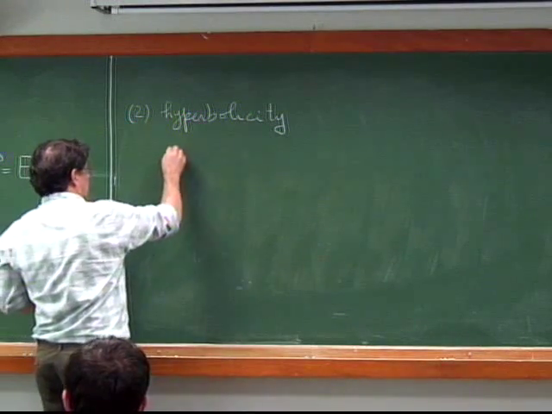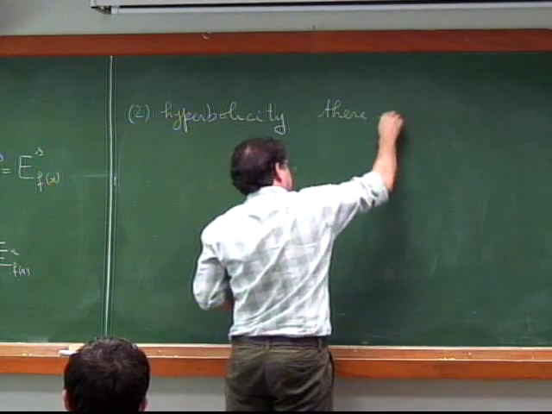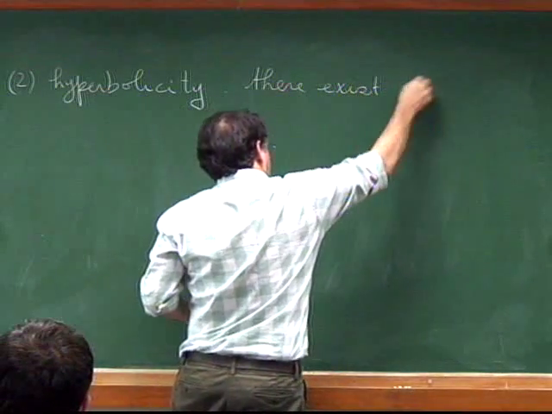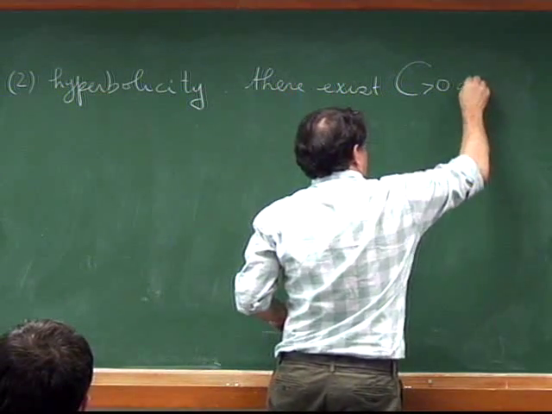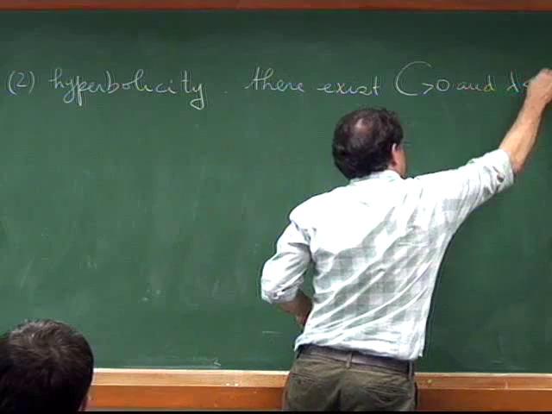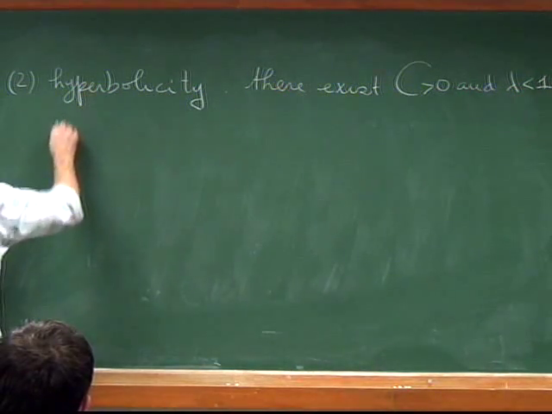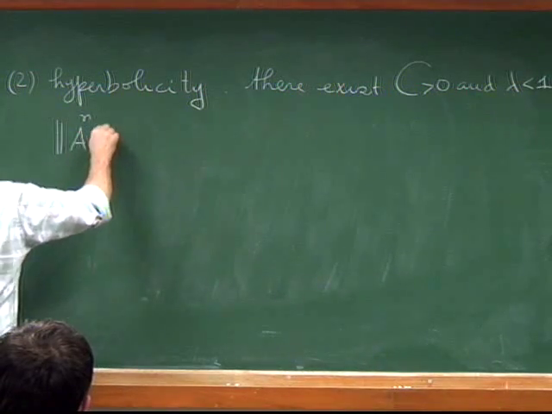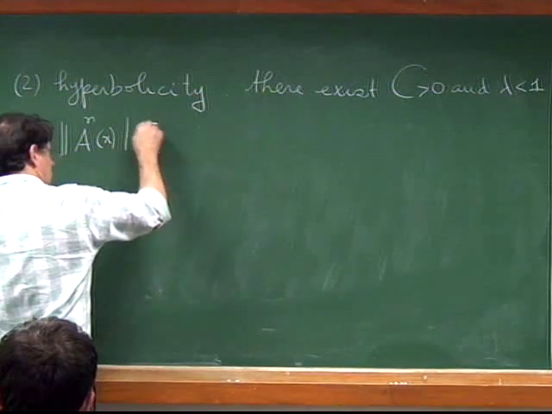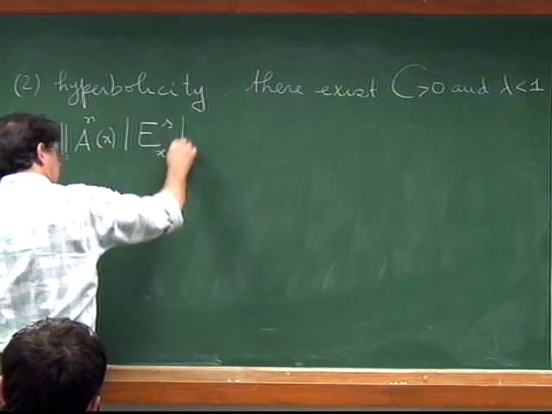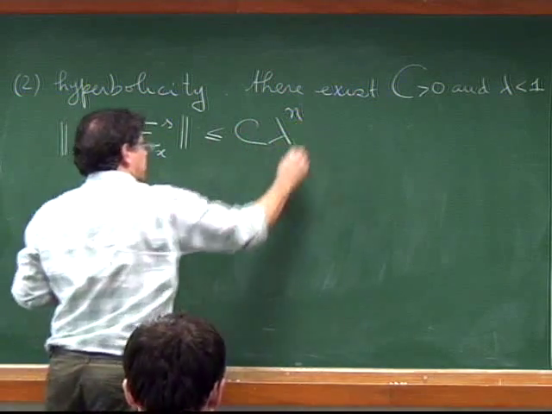And it says that there exist constants c and lambda such that the norm of A^n(x) restricted to E^s(x) is less than c lambda^n.